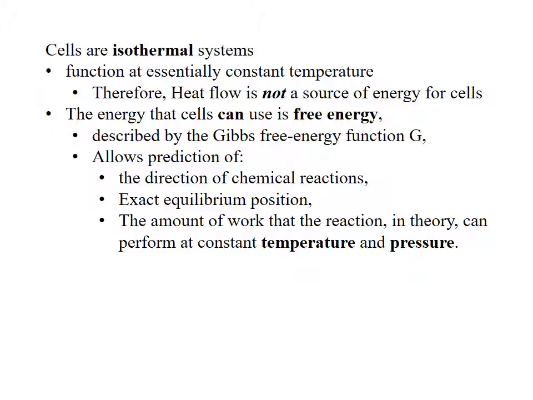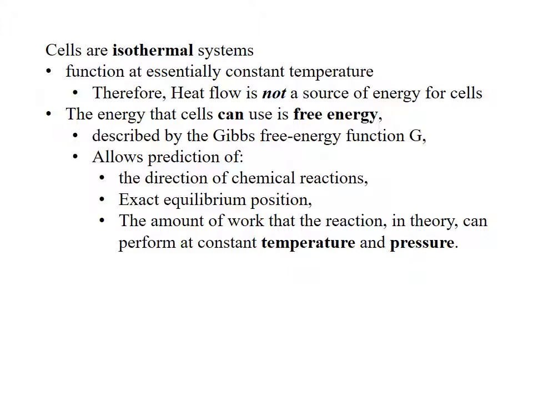Whenever we need a source of energy to perform work, we need to have flow of energy. If we have no heat gradients here, we cannot use that heat to perform work. There is no flow.